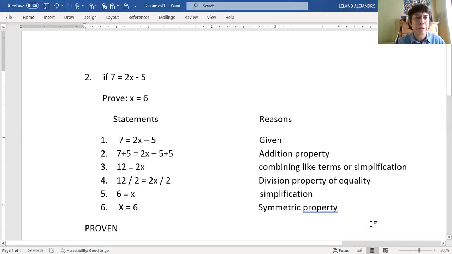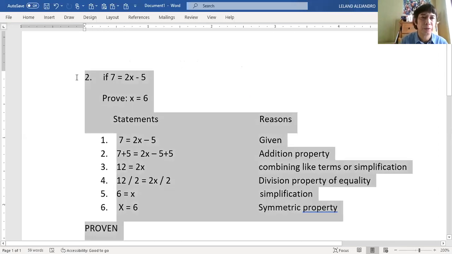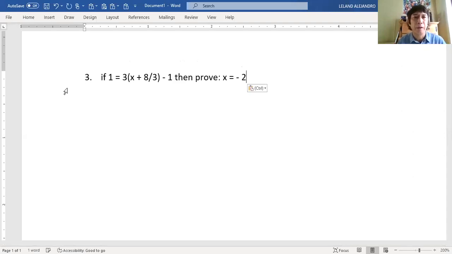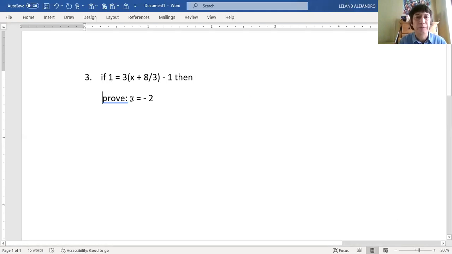Okay, here is still number 2, so we shall just delete this number 2, and we shall write the third example there. Okay, if 1 is equal to 3 times the quantity x plus 8 over 3, close parentheses, minus 1, then prove x equals negative 2.